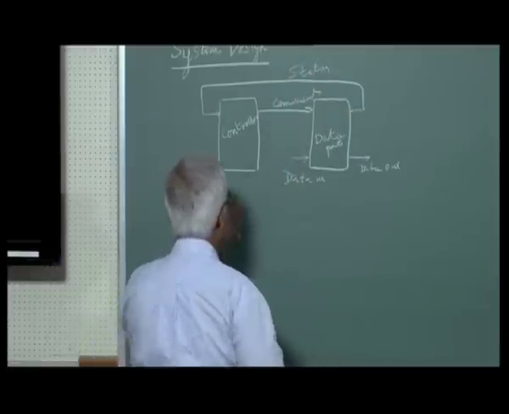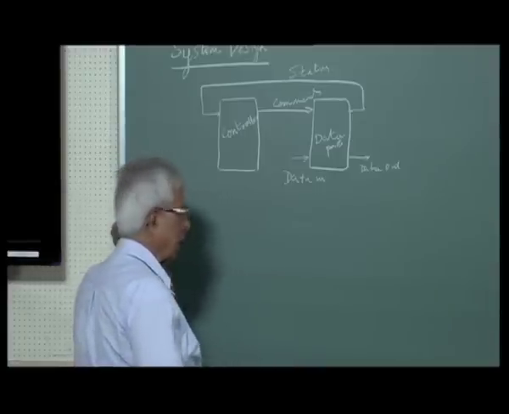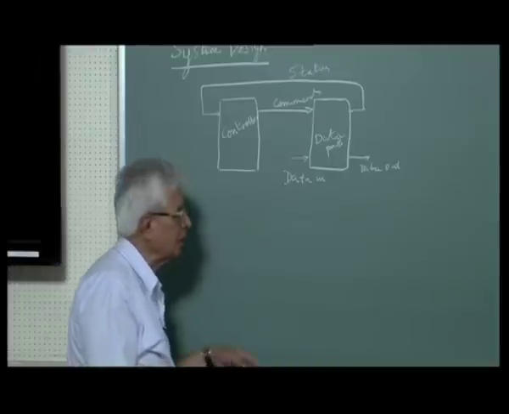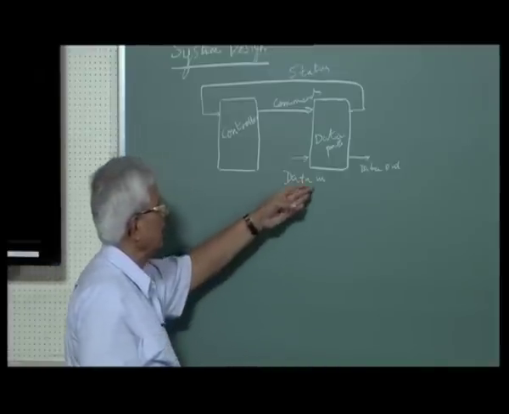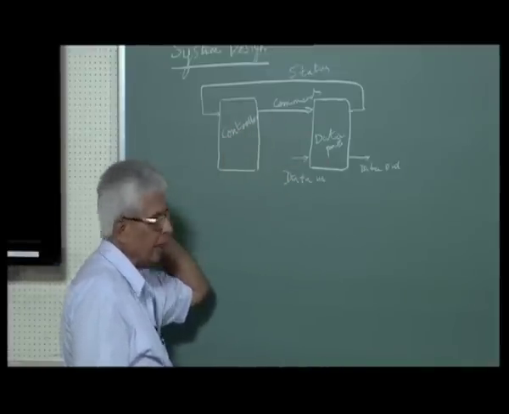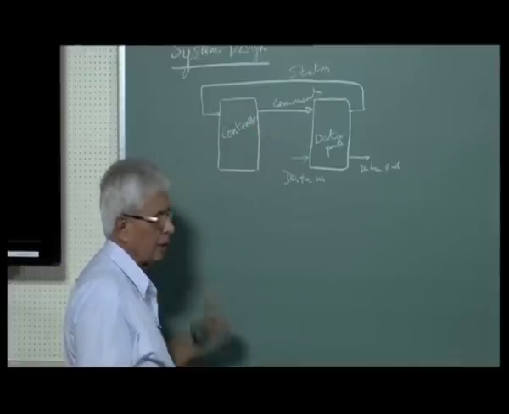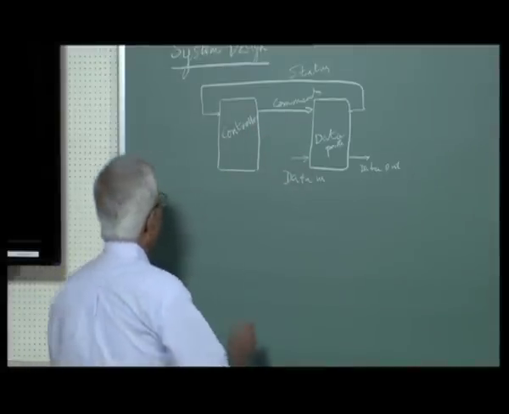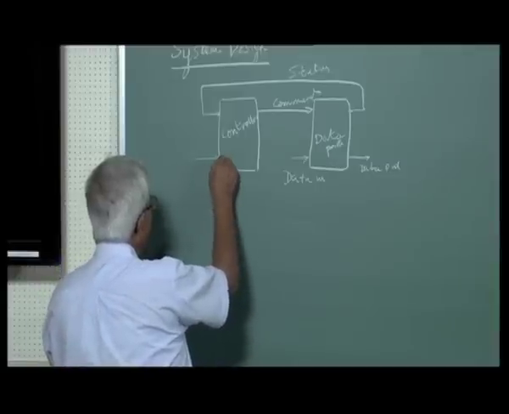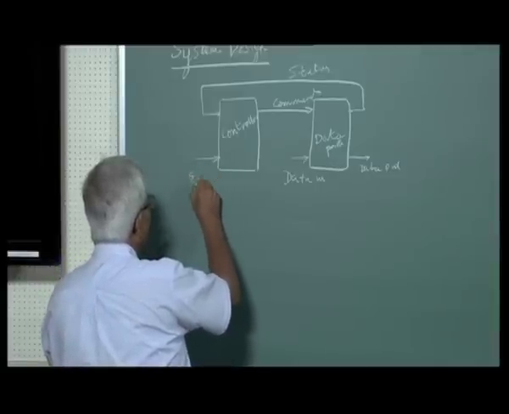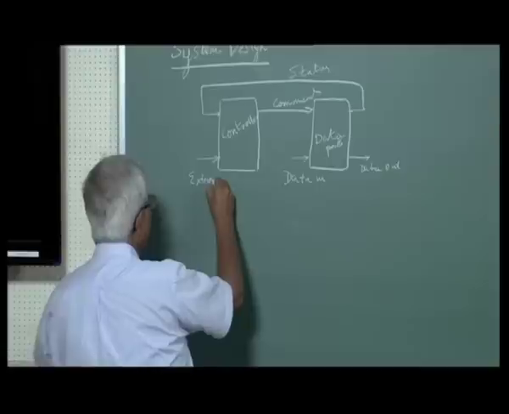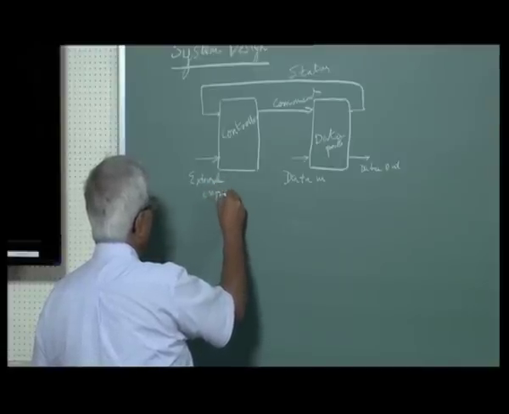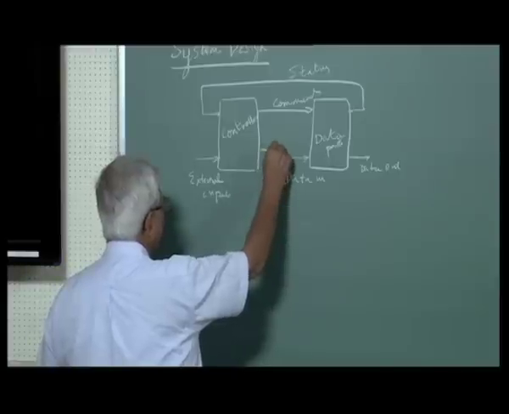As soon as you are ready with the data path, you start giving commands based on the requirement sequentially, and then we see where we are by tracking the status of this data path to issue the commands next time. In addition, they may have some external inputs and external outputs. External input may be a simple thing like a start signal. An external output may be something like a light indicator.